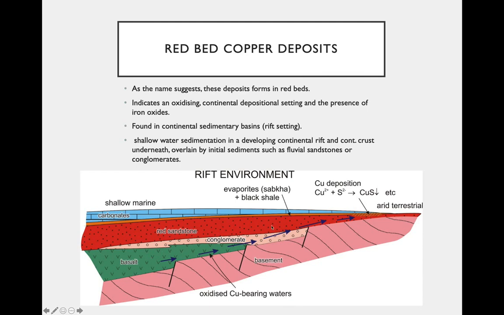They're moving through predominantly oxidized rock types, so they're oxidized fluids where the copper is transported as copper 2 plus chloride or sulfide complexes. And as we move further up, we intersect an area where we are reducing and we deposit out copper and sulfide.